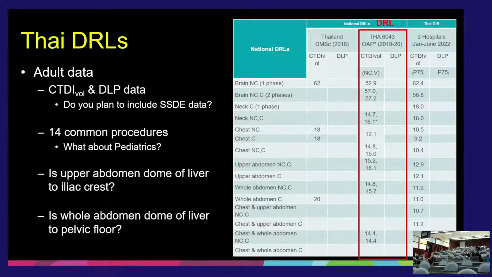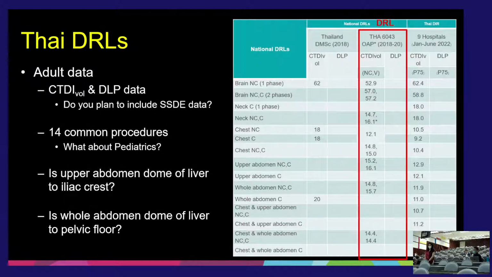But the data is very small. So yes, we have. But SSDE, I think most of the CT scanners, since they have the matrix anyway, will send us the data. So I think we will consider to have it. Even the data that comes from GE Dose Watch also has SSDE.